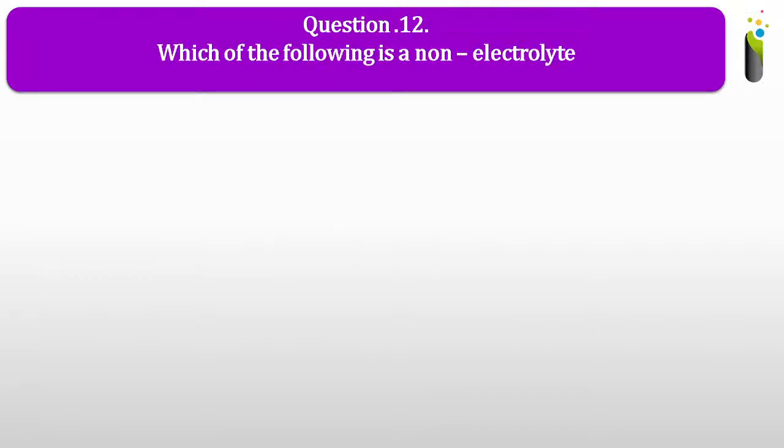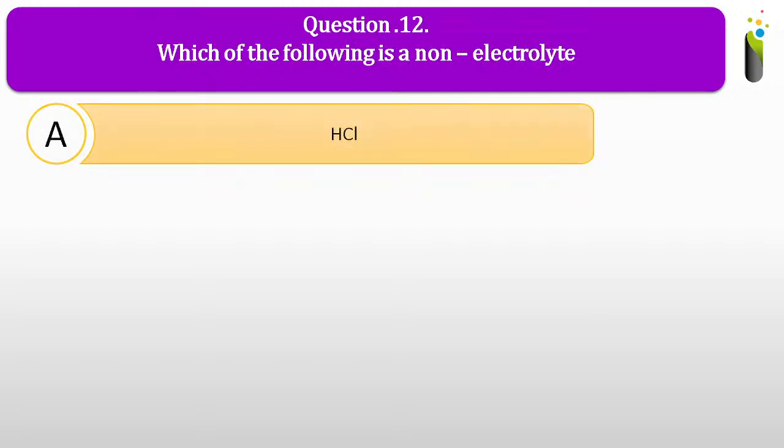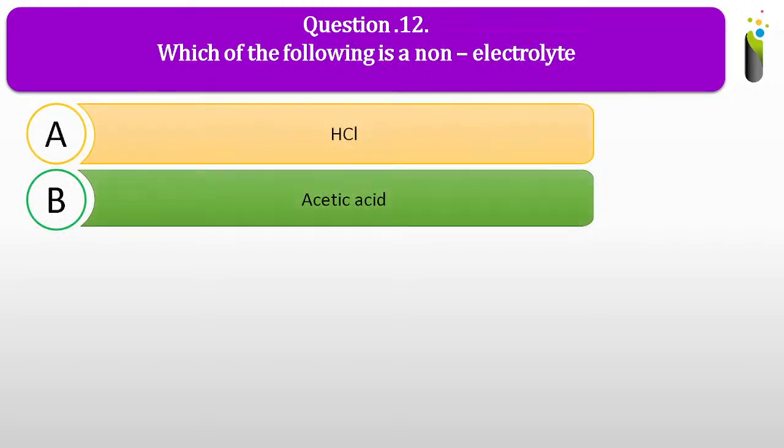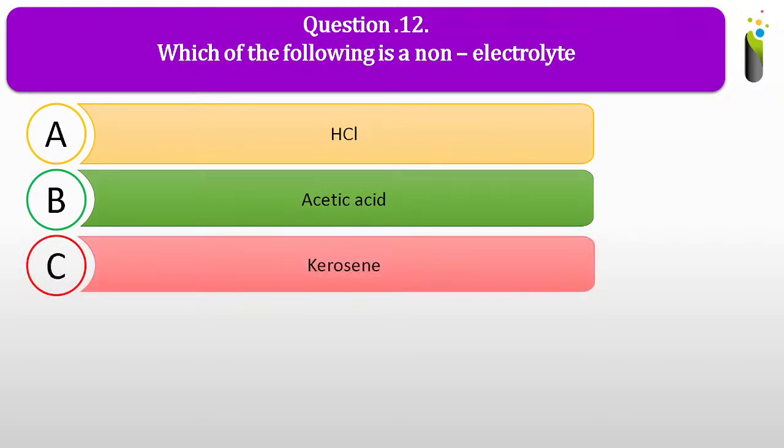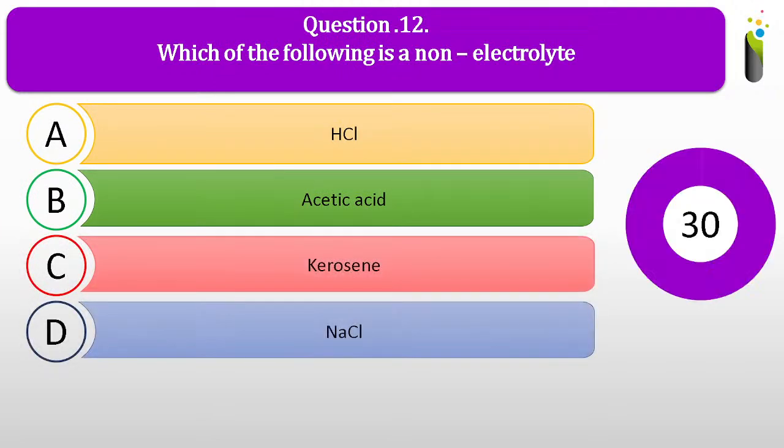Okay. Going ahead to question number 12. Which of the following is a non-electrolyte? A. HCl, B. Acetic acid, C. Kerosene, D. NaCl.